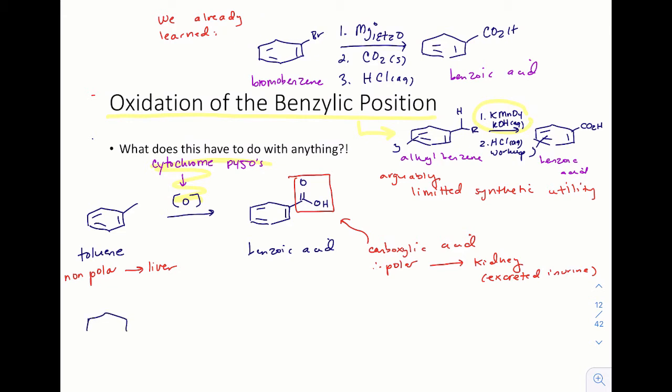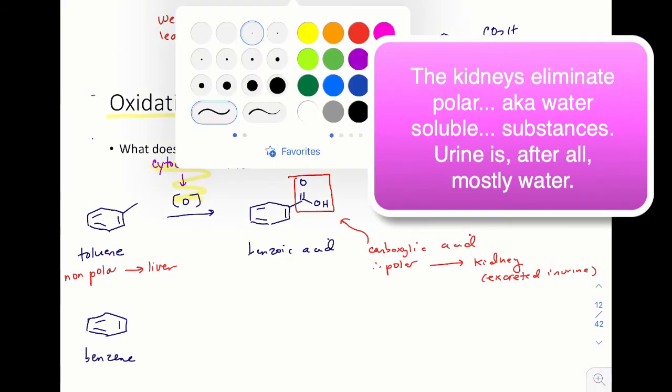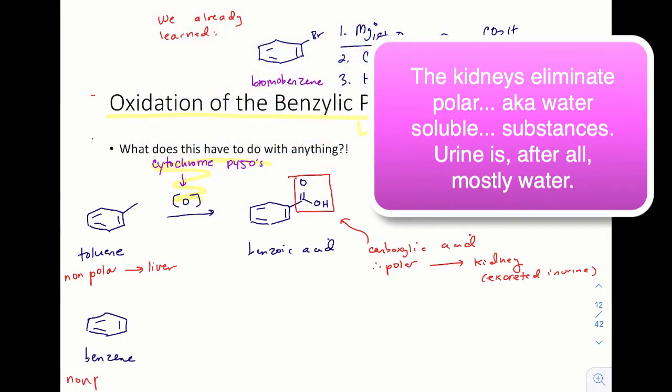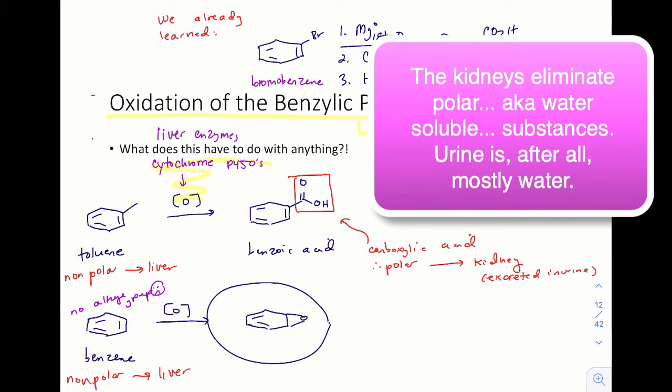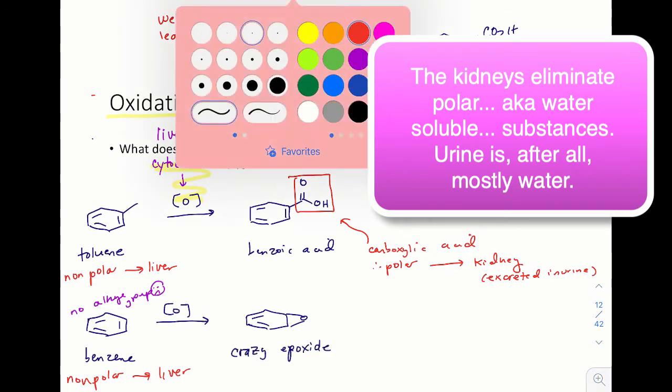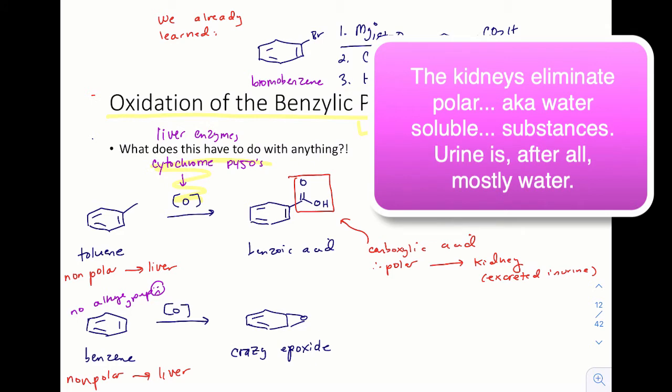What would happen though if benzene were ingested? Yes, it is nonpolar, so it would go to the liver, but there's no alkyl group to chew up, no benzylic position to oxidize. So does nothing happen? Well, those cytochrome P450s are strong oxidants, and benzene gets oxidized, and it makes this epoxide, which is still nonpolar.